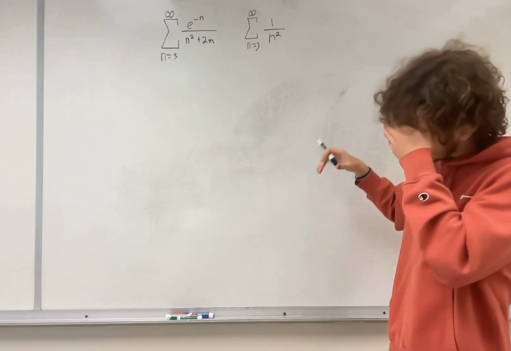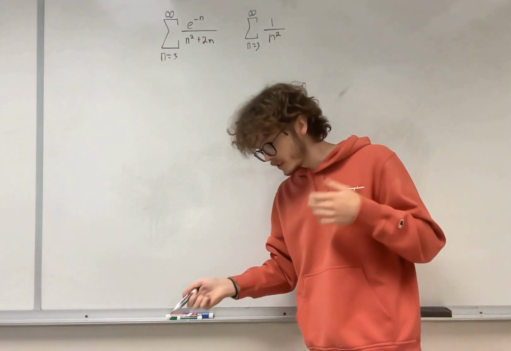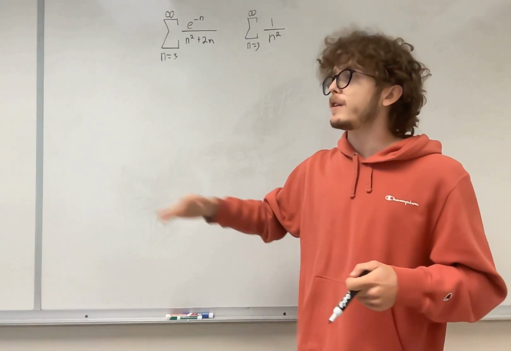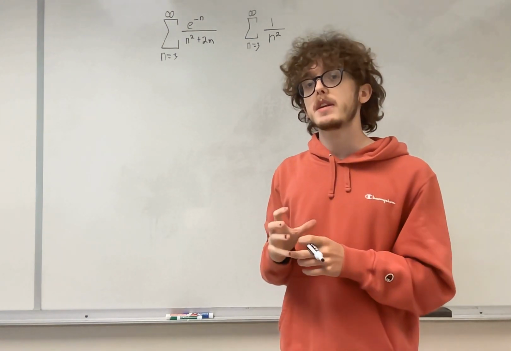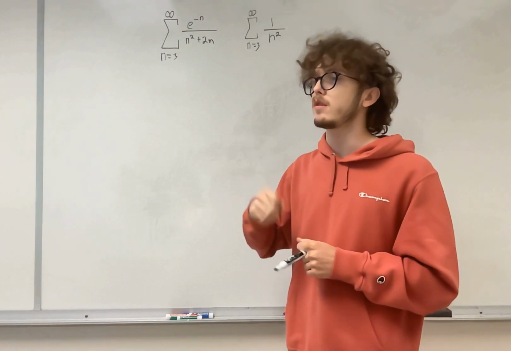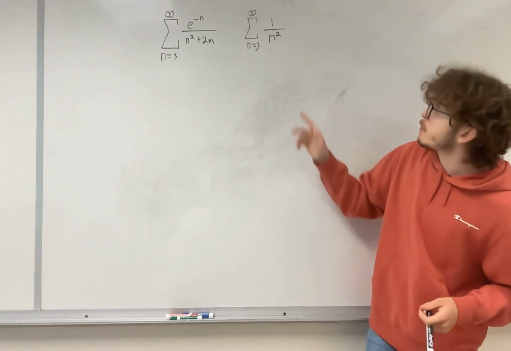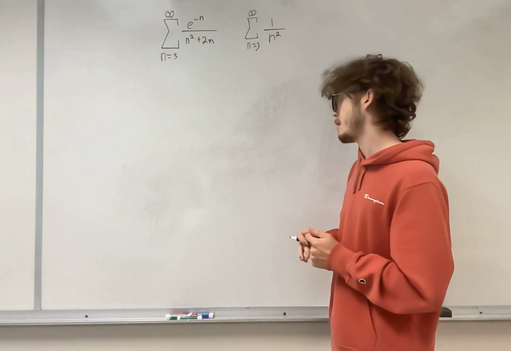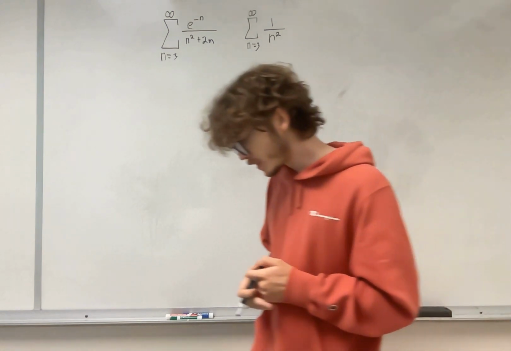We know that if the exponent is greater than 1, it's going to converge, because you're going to plug in values going to infinity, and that's going to grow the denominator into a very, very high value, which is going to make it approach 0. Now, remember, if it's equal to 1 or less than 1, it's going to do the opposite of that, right? So hopefully that idea makes sense.